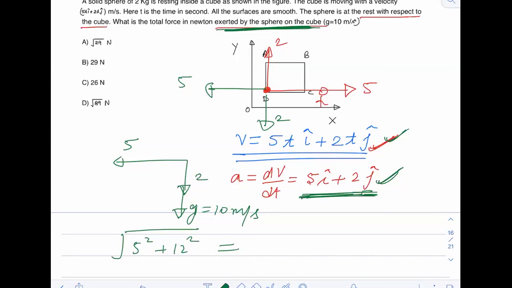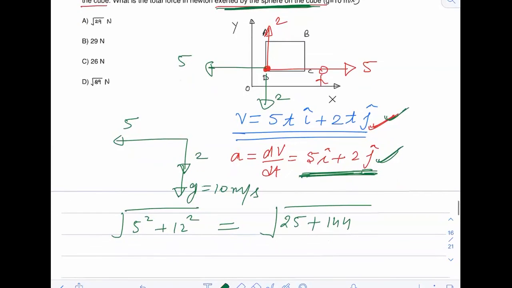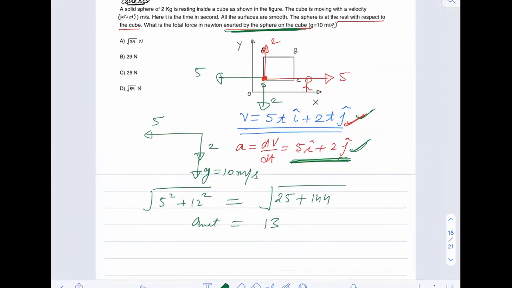So what will be the acceleration value now? 25 plus 144, so it is 169. So this is 13 now. So net acceleration on cube due to sphere is 13 and mass given to me is 2. So F net will be 26 Newton.